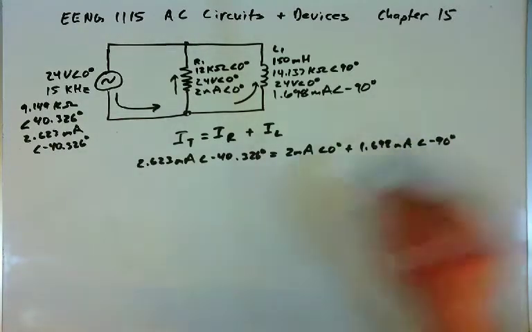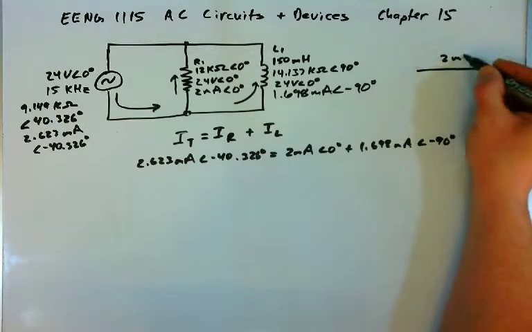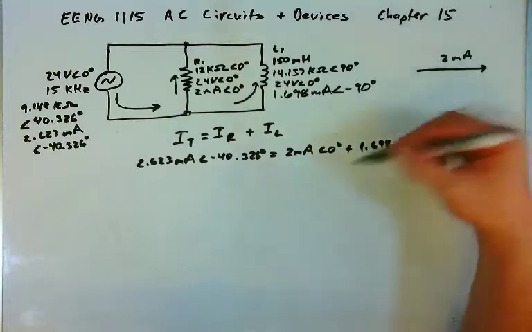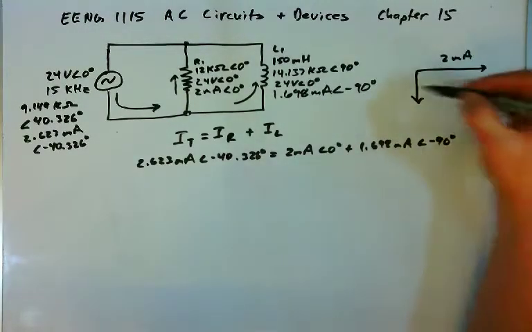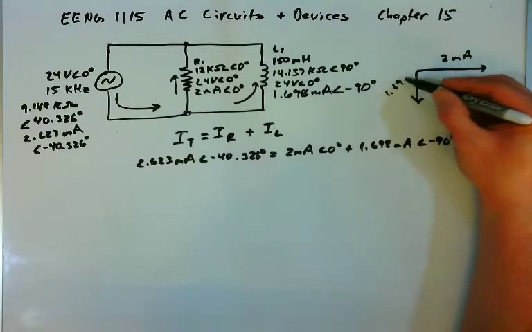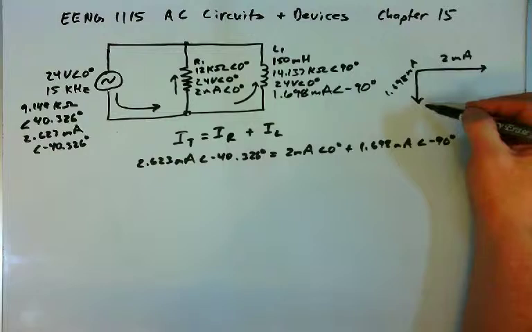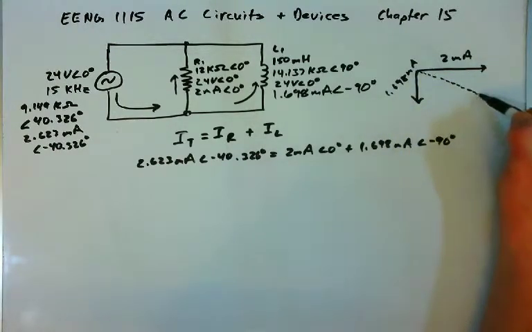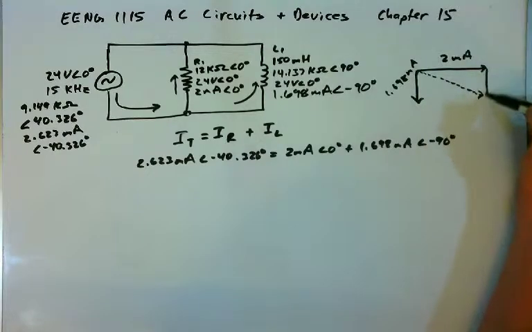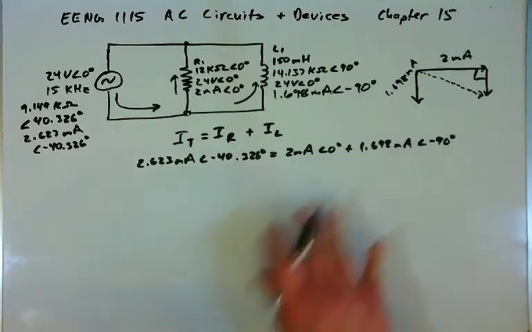And so again, I'm going to look at these graphically. We have 2 milliamps at 0 degrees on the positive x-axis, and we have 1.698 milliamps at negative 90 degrees pointing straight down. And so we are looking for the vector sum, and again this forms a right triangle, and so for the vector sum, we'll just need to apply the Pythagorean theorem.